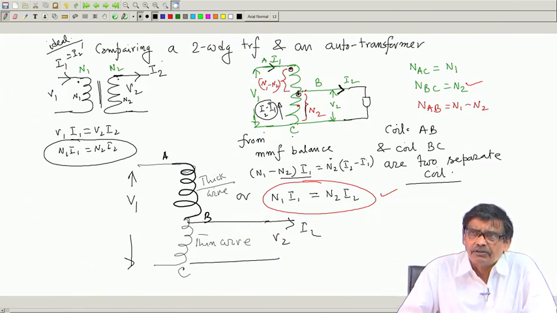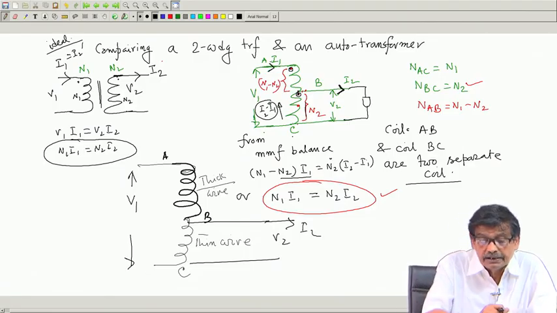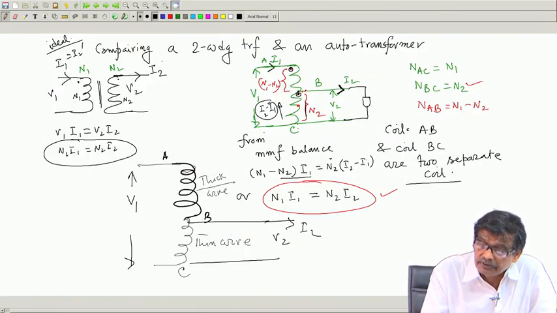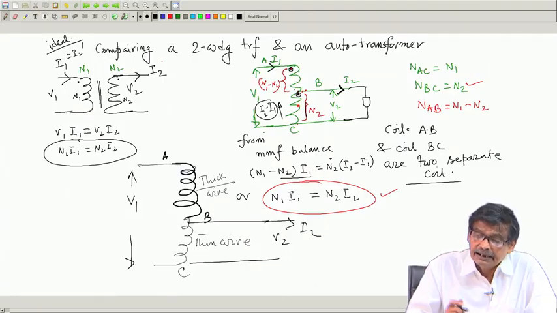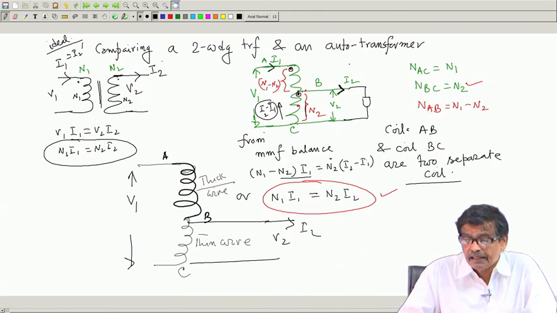I am considering an ideal transformer, and let us neglect the negligible no load current to understand the major thing, how an autotransformer is distinguished from a two winding transformer. If I 2 current flows, then I 1 current must be drawn in, and therefore this is I 2 minus I 1. Once again I have applied voltage V 1 at some frequency, therefore the flux level in the core will remain the same.